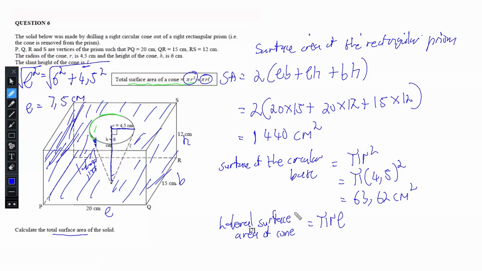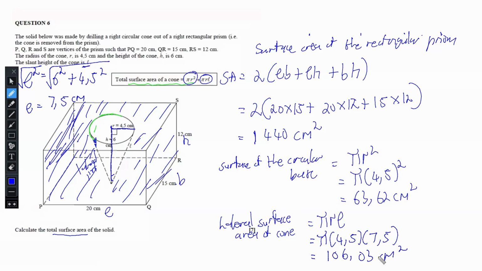Then you take that 7.5 centimeters and you put it here. So you have pi, the radius is 4.5, and then now the slant height is 7.5. Right. Now when you calculate that, it's giving you 106.03 centimeter square.